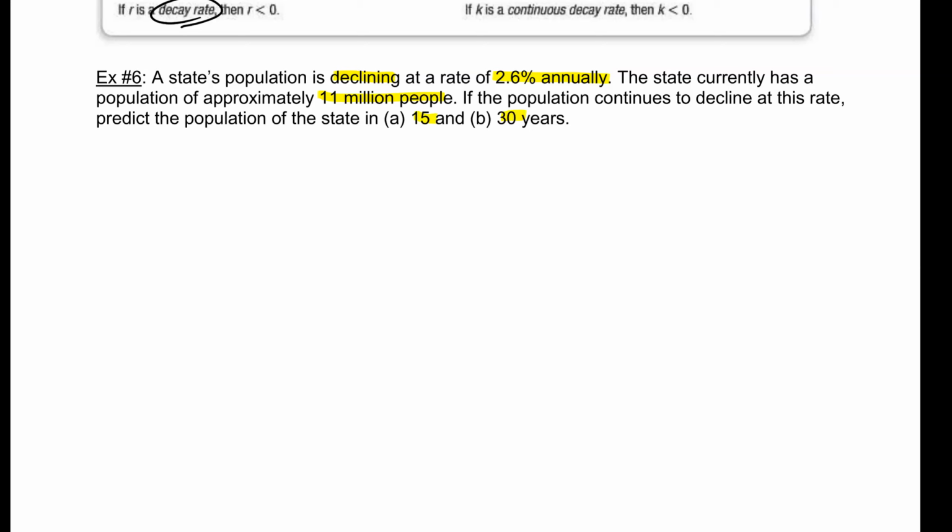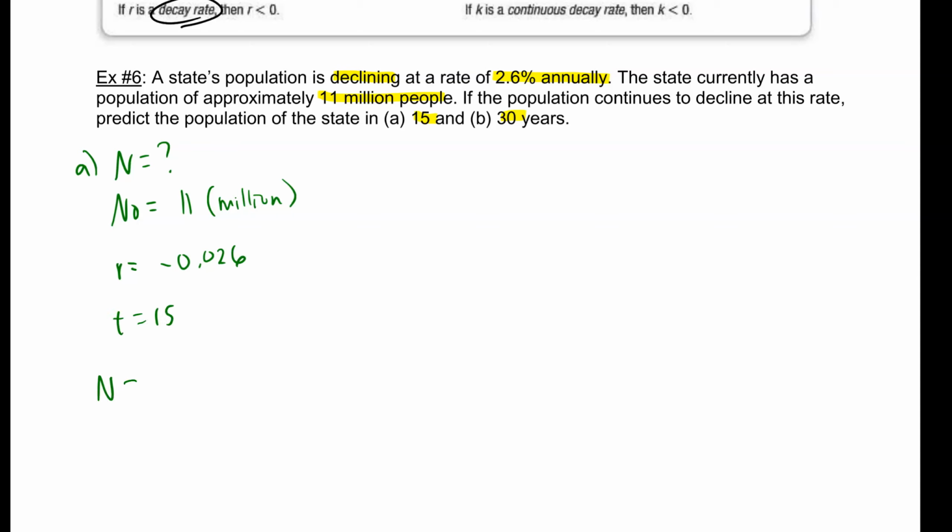Let's go to the first. First, A, 15 years. We want to know what is the final population. We have the initial population, it's 11 million. I don't want to type in all those zeros, so I'll put everything in terms of million. So our answer at the end will be in terms of million. We have a rate, negative 0.026, for A. Our time is 15 years.